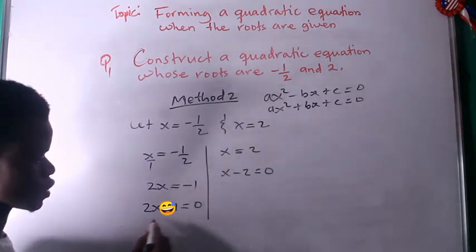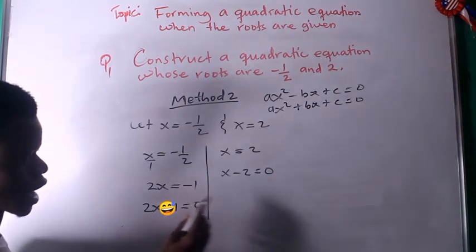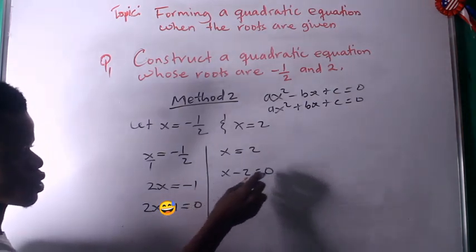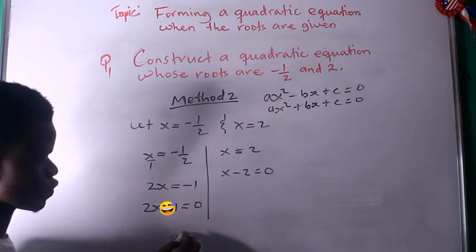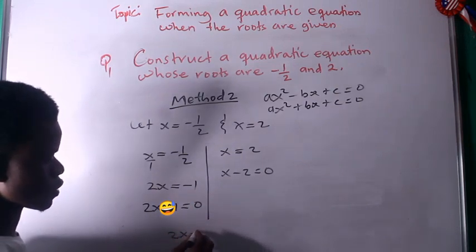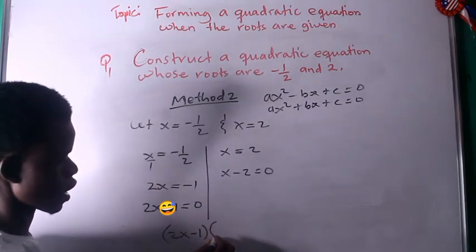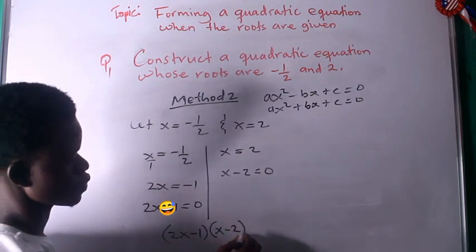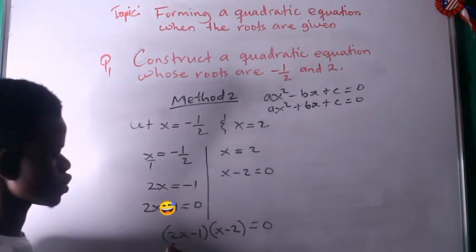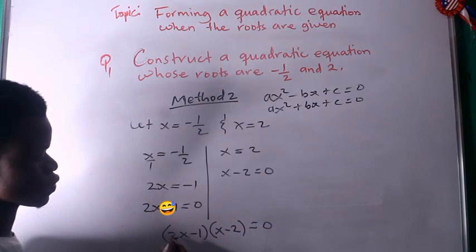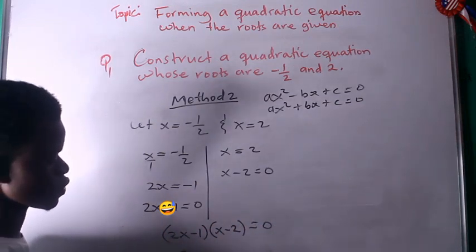So we have 2x plus 1 times x minus 2 equals 0. So 2x times x is equal to 2x squared.